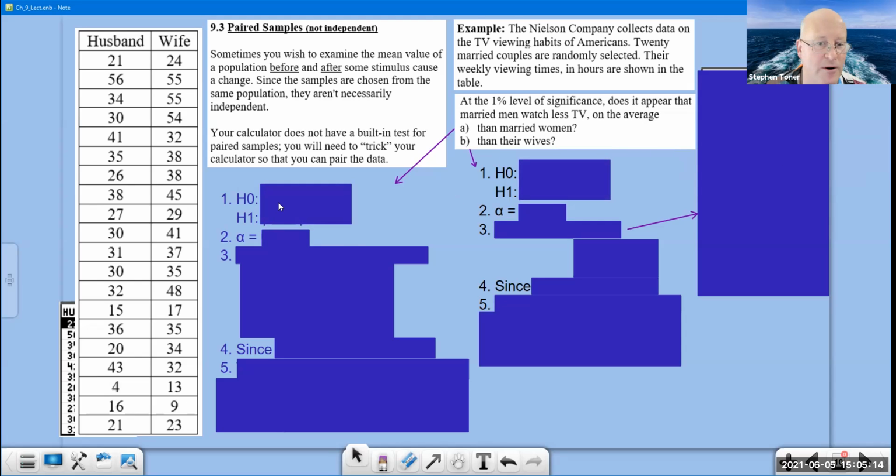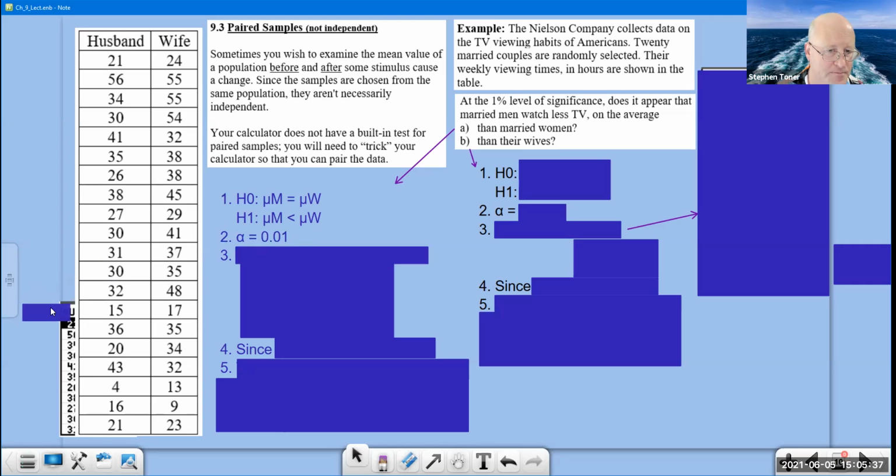Married men and married women. So the mean of the men equals the mean of the women. And does it appear that married men watch less TV? That's why I have a less than there for the men, and that's consistent with what we know. And it said to do this at a 1% significance level.